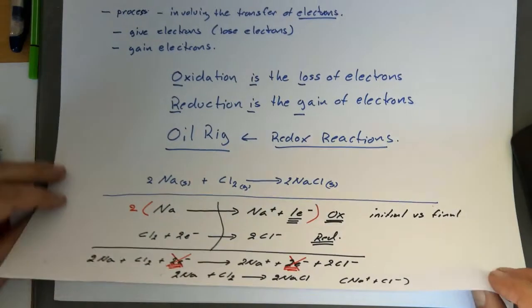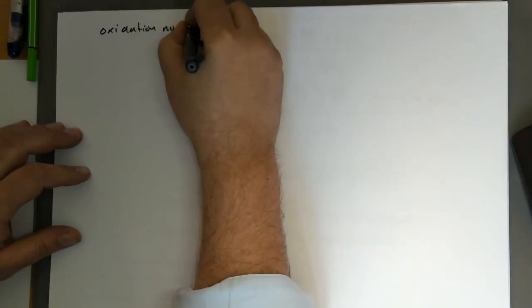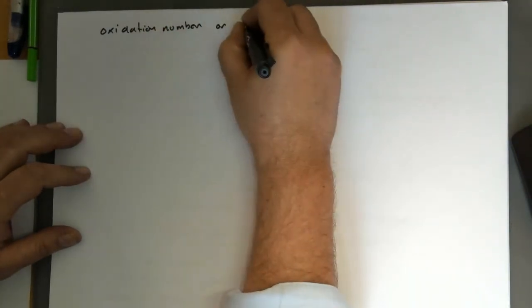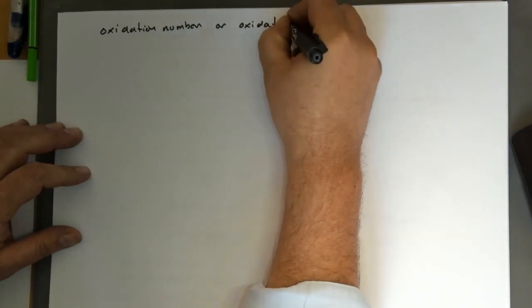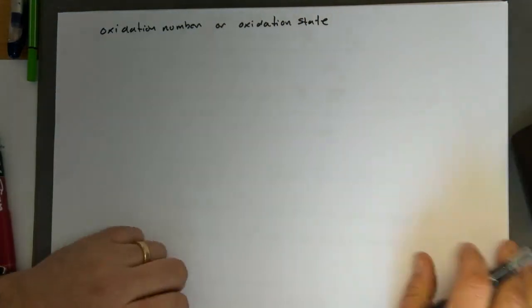So let's move on to a little bit more complicated material. When we talk about oxidation and reduction, we have to introduce this concept called the oxidation number. The oxidation number or oxidation state, these being equivalent statements, is the same thing.